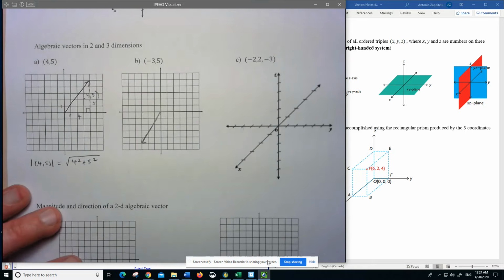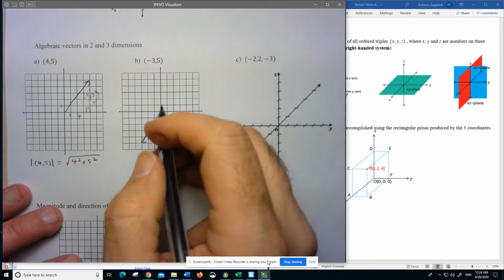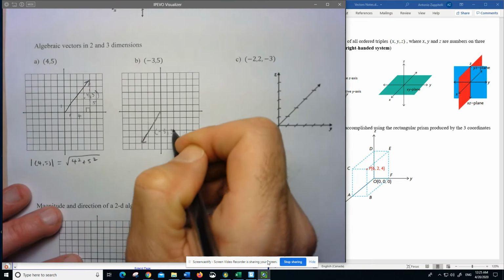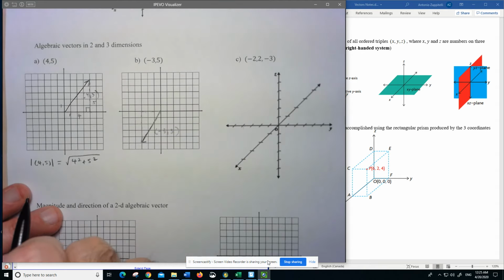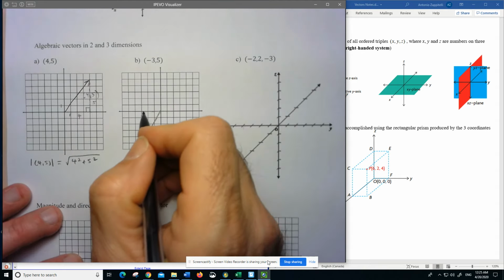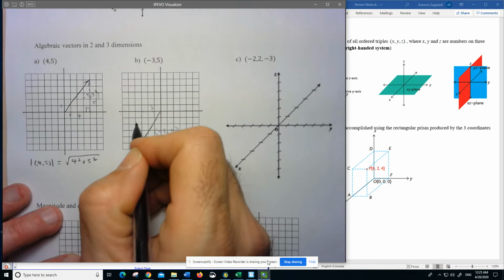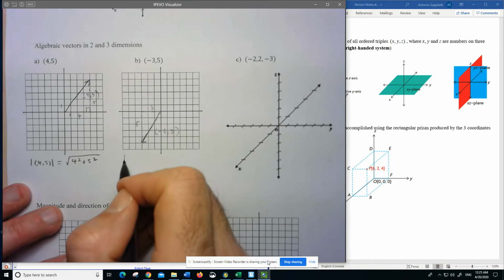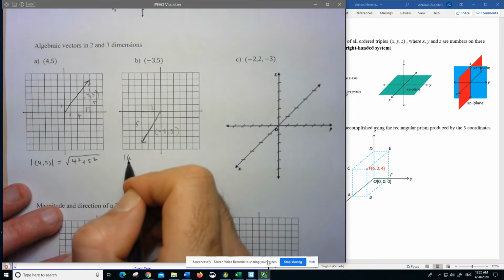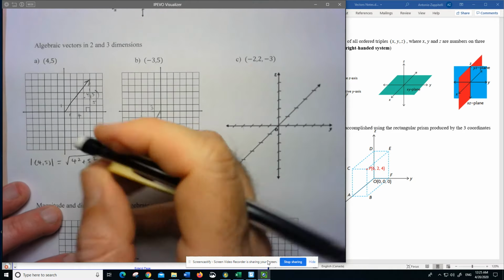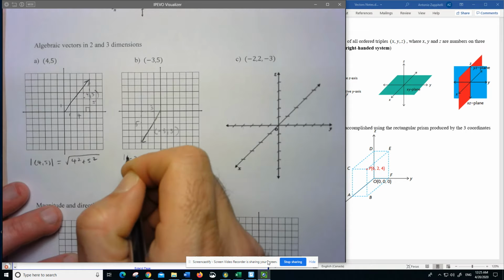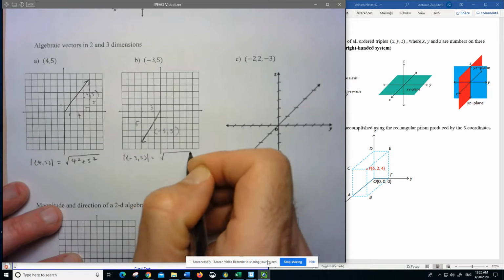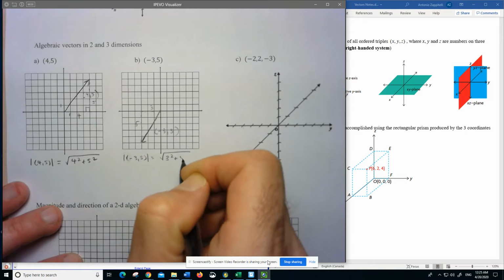Now, if I look at this vector here, negative 3, 5, well, if I break it up into this triangle, this length is 3, and this is 5. So the magnitude of the vector negative 3, 5 is just going to be the square root of 3 squared plus 5 squared.